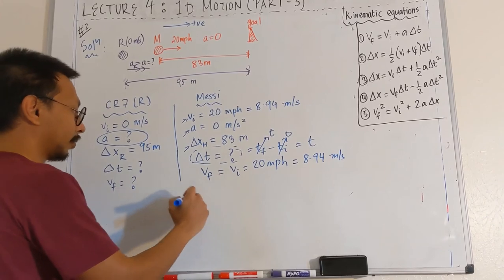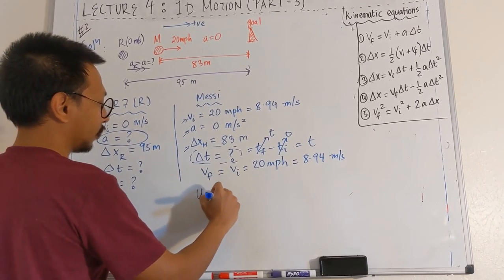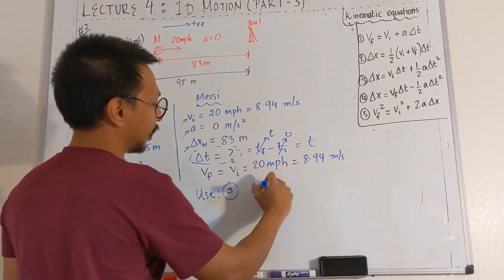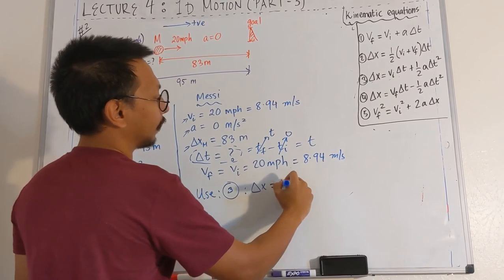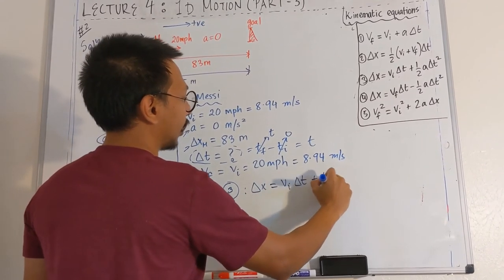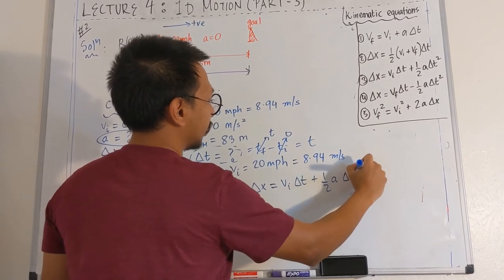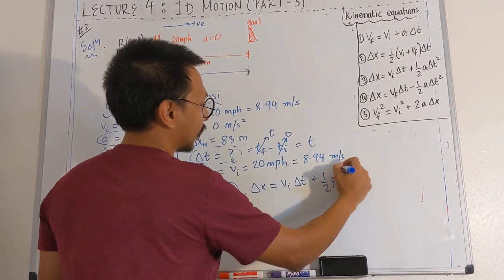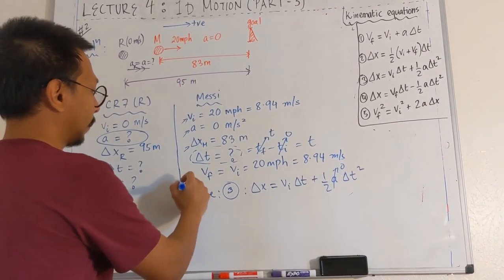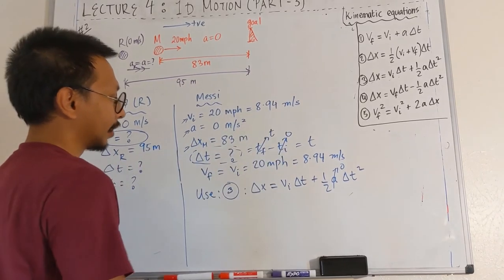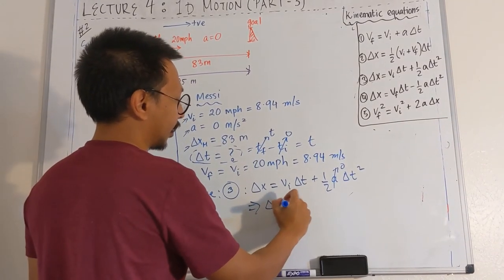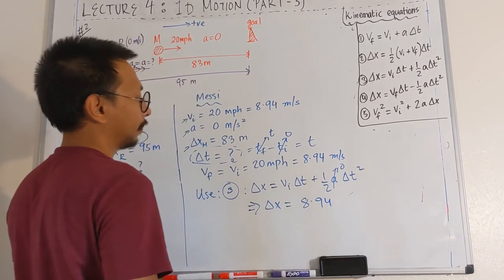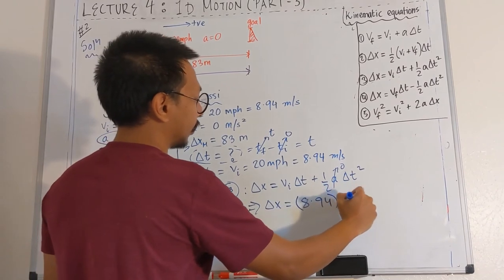So we use the third equation, which is delta x equals Vi delta t plus 1/2 a delta t squared. Now a for Messi is 0, right? This is all for Messi. So delta x becomes Vi, which was 8.94 meters per second, times delta t.